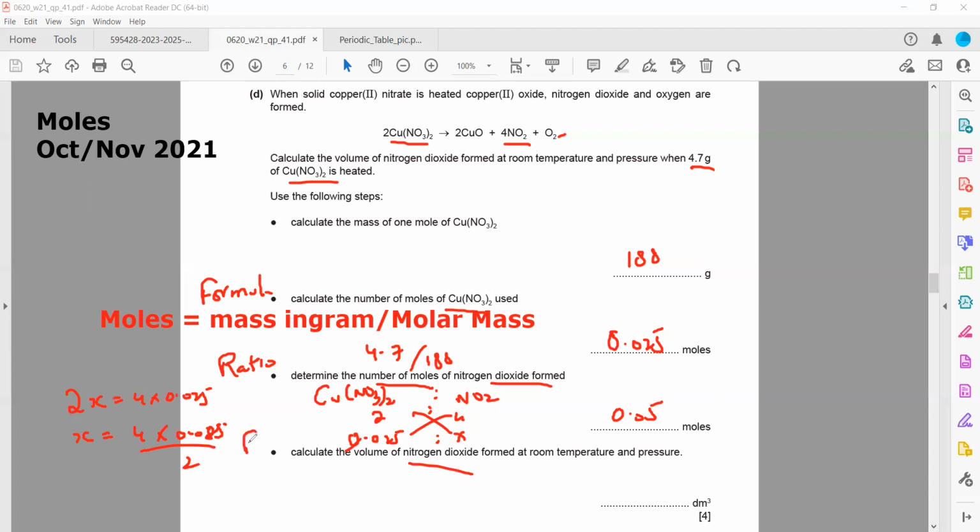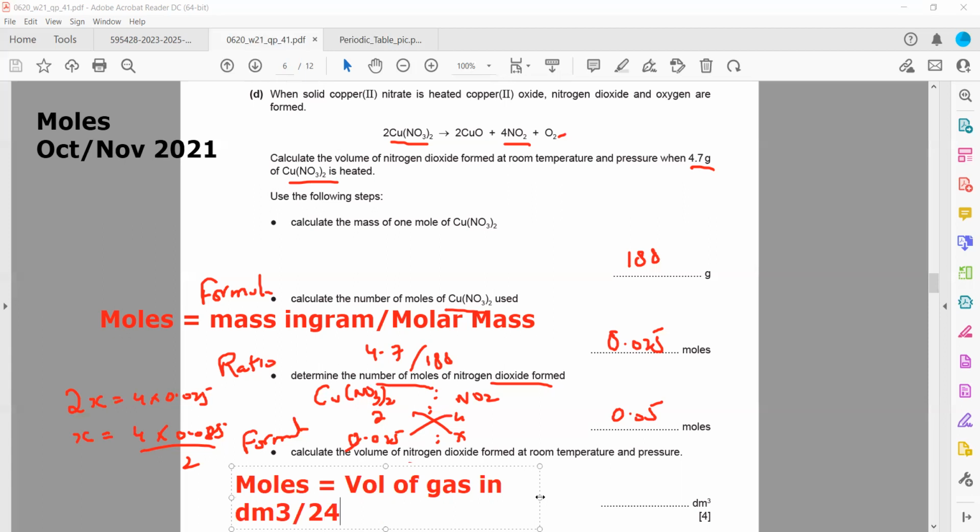How do we solve it, which formula will we use? We need the volume of a gas, not a solution. The formula is: moles equal volume of the gas in dm cubed divided by 24.